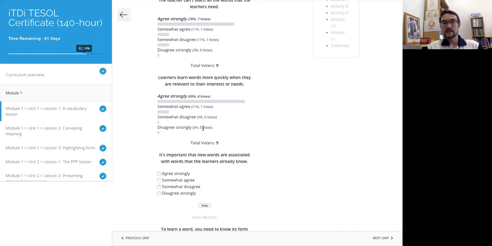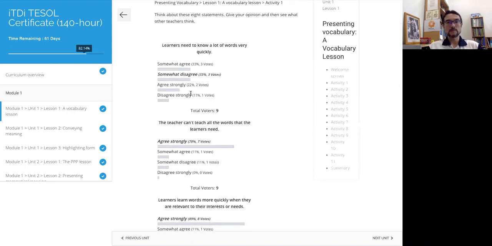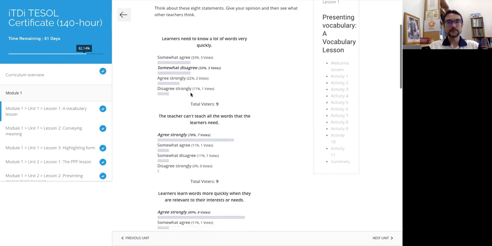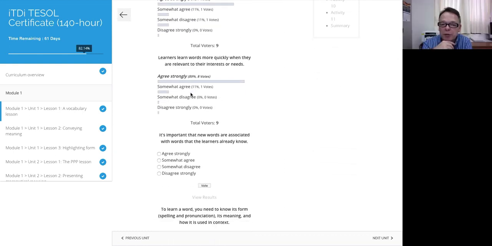And it's nice to see where one stands and sometimes realize that there's a whole range of different answers. In this one, of course, there's mostly strongly agree, but in the top one, the answers are a lot more spread. I always enjoy doing these just to see what the instructor's thinking about these topics as well.